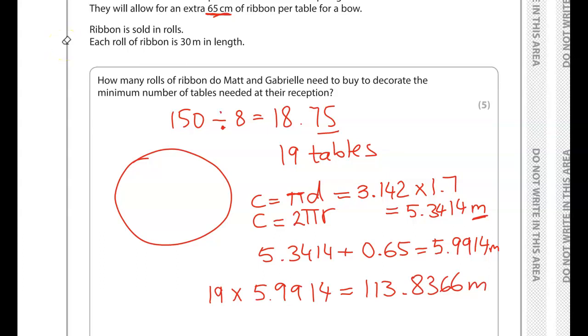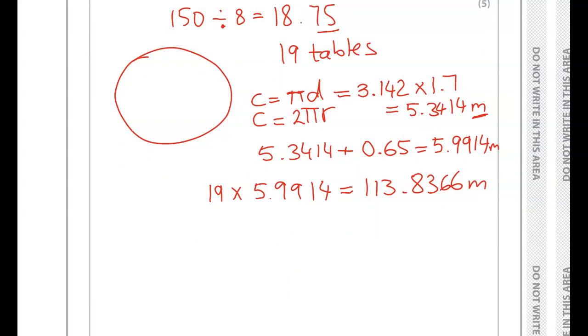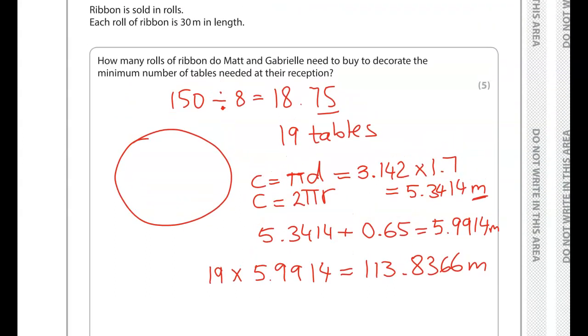Each roll of ribbon is 30 meters in length, so we're going to divide 113.8366 by 30 to see how many rolls we need. And this gives us 3.7945 and so on.